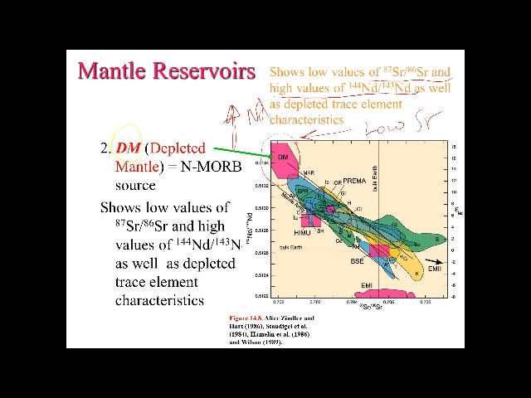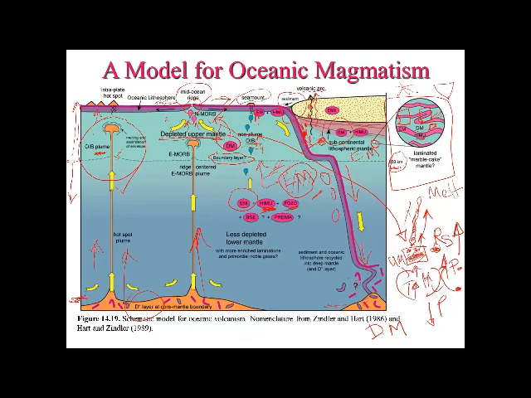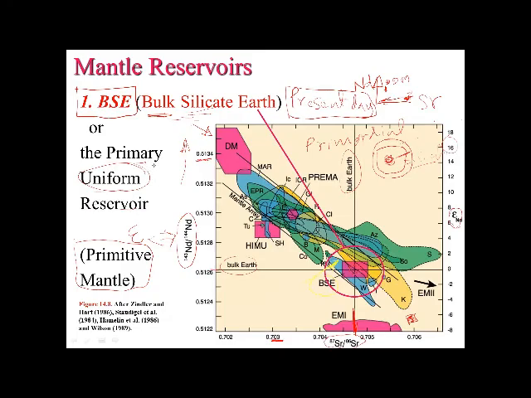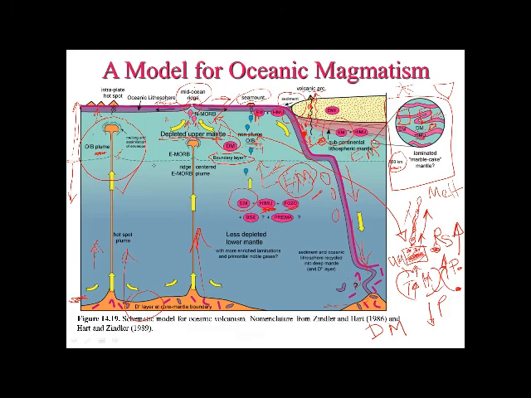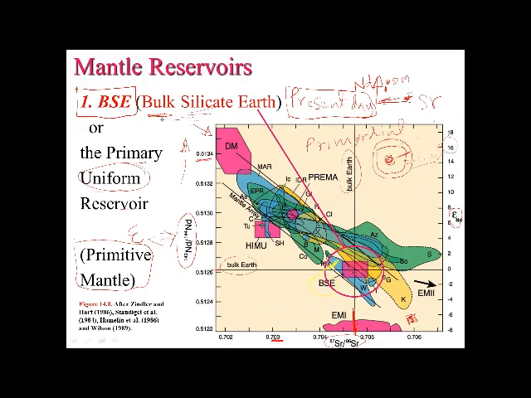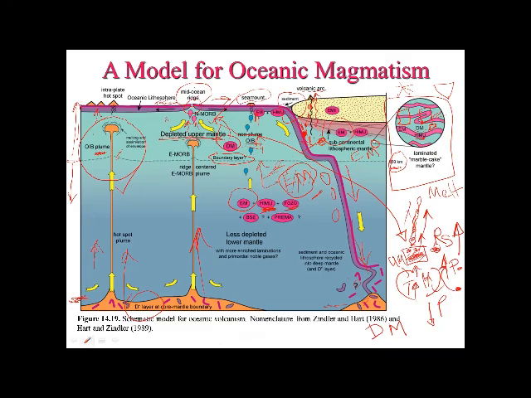You know where this is located, mostly beneath the mid-ocean ridges, in the upper mantle, the region of the upper mantle in this part. So in this region, you have the depleted mantle.